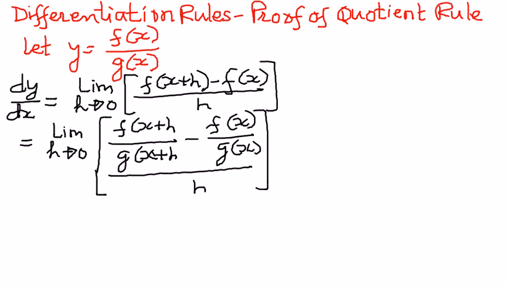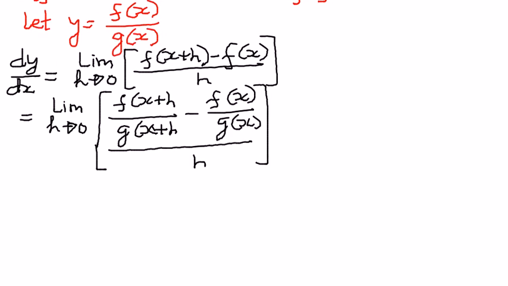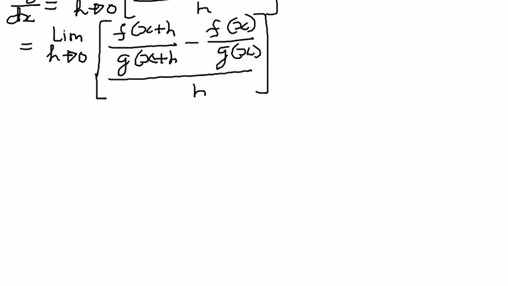Now we're going to take the common denominator for the numerator part, so we can write this as follows: limit as h approaches 0.